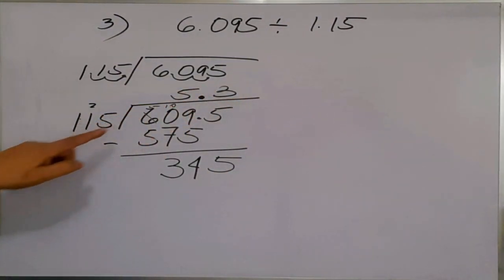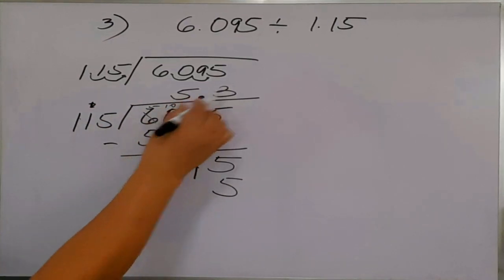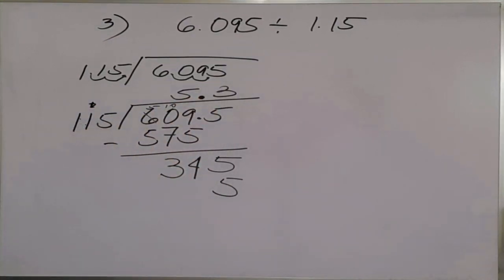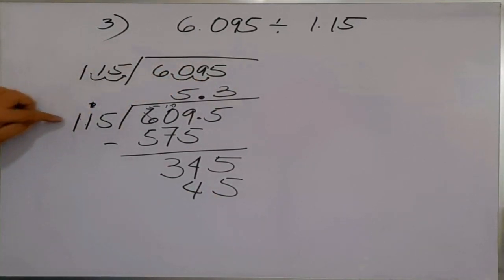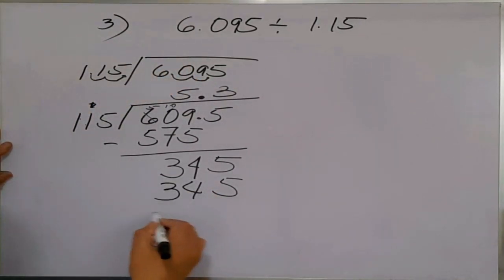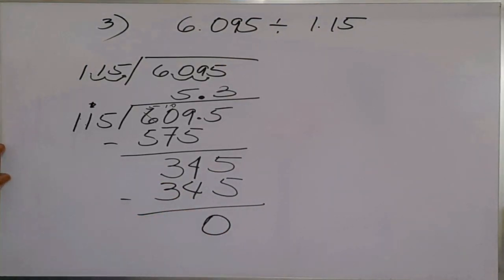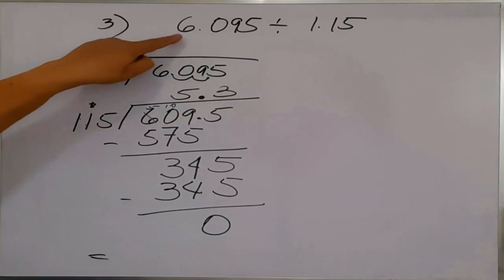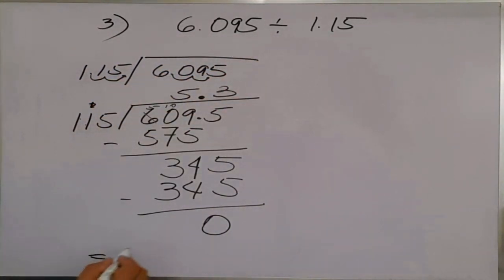And then we go back by multiplying. 3 times 5 is 15, carry 1. 3 times 1 is 3, plus 1 is 4. And then 3 times 1 is 3. 345 minus 345 is 0. Therefore, 6.095 divided by 1.15 is equal to 5.3. And that is your answer.